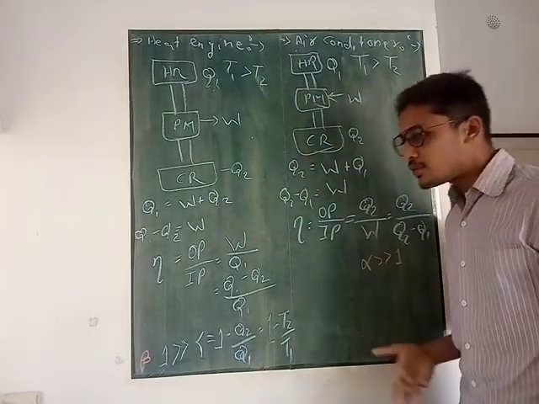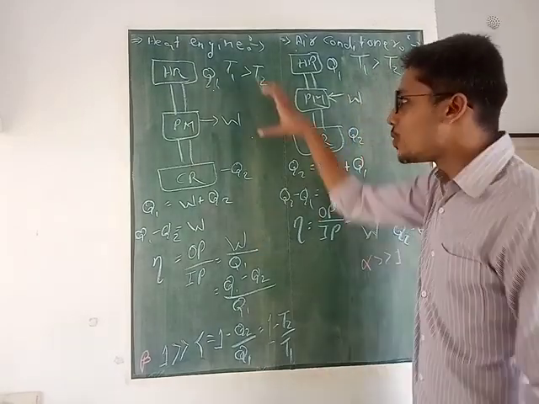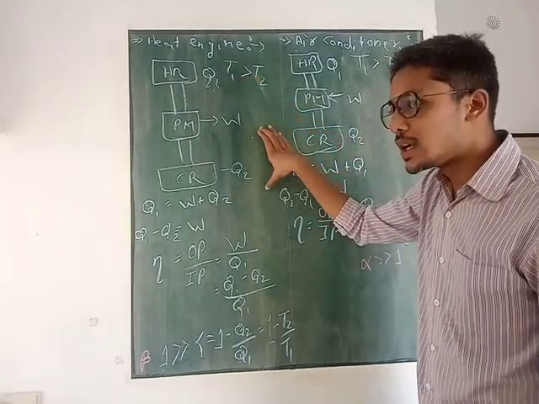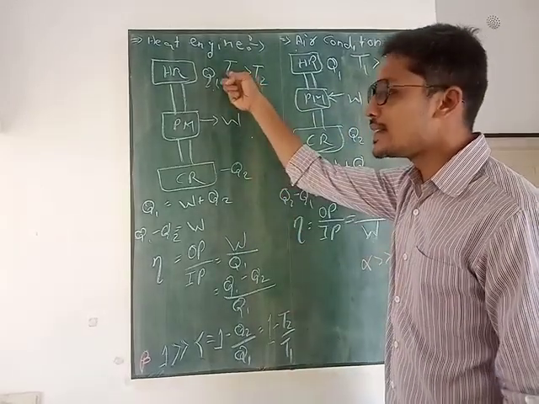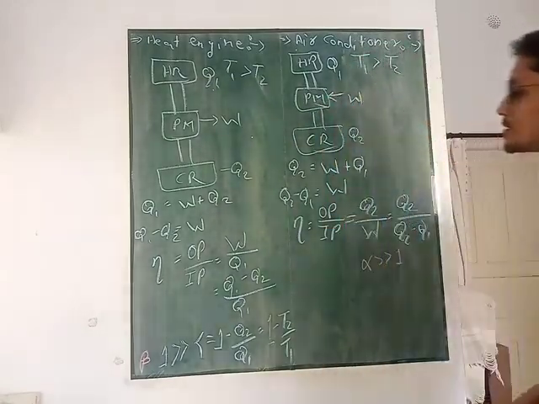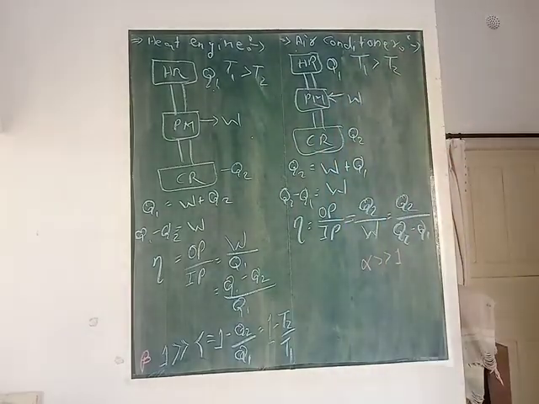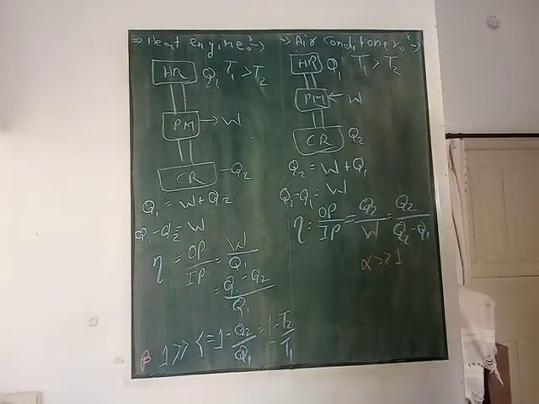There are two types of coefficient of performance, shortly written as COP. Coefficient of cold. It is just the subtraction of this by this and this by this. Not a big deal. Take a screenshot, write it down by yourself, and understand the things better by observing the things around you.